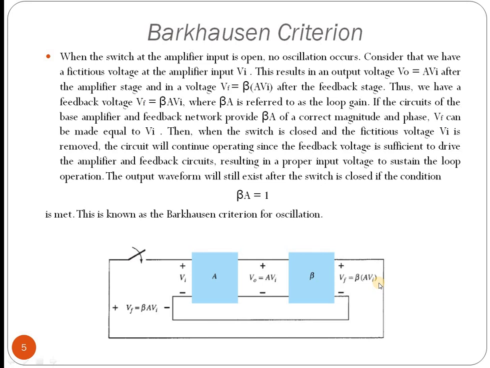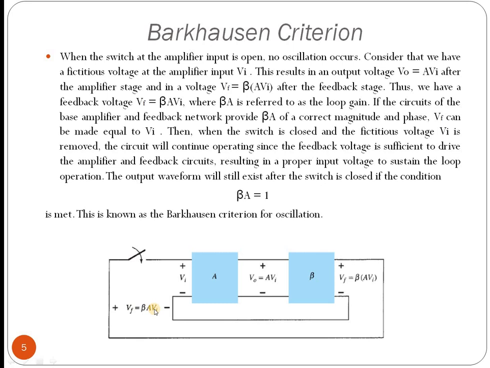If the circuits of the base amplifier and feedback network provide beta A of correct magnitude and phase, then VF equals Vi can be made equal.